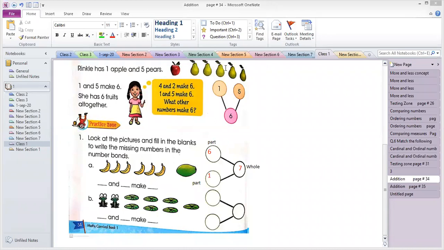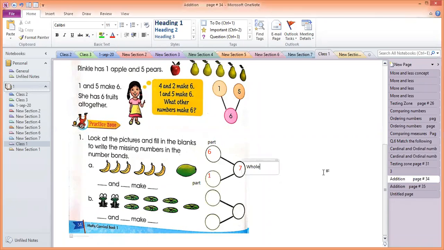Okay. Yes, Ilhaj. Please tell me, what should I write in part 1 on B? 2. Why 2? Because it's 2 frogs. Very good. Not 3. So I will write 2 here. Right, 2. Yes, you need to write 2 also.